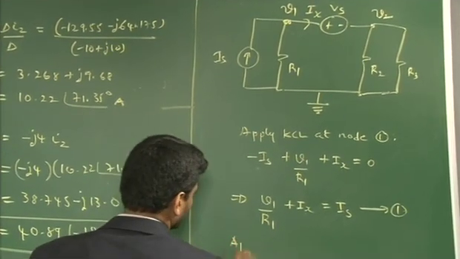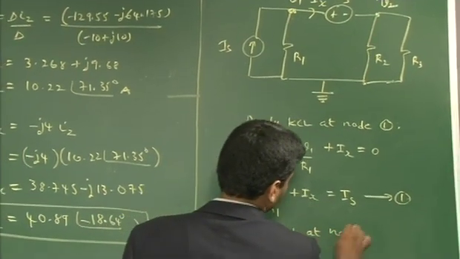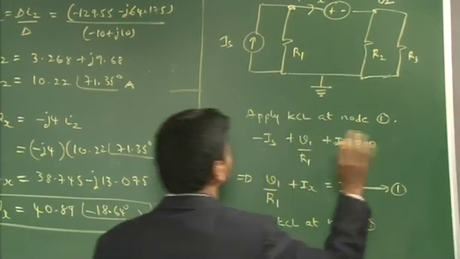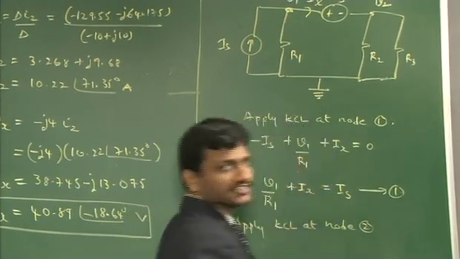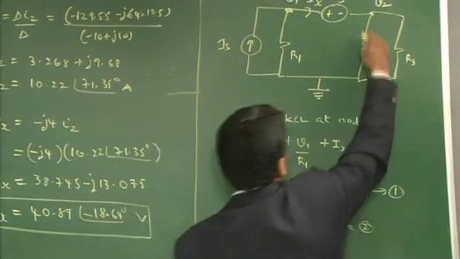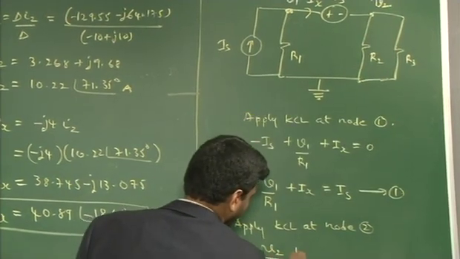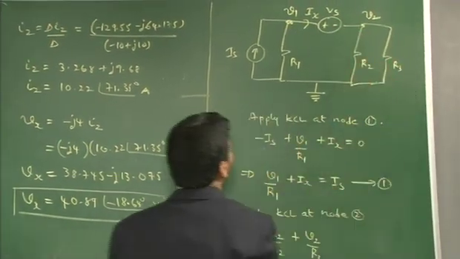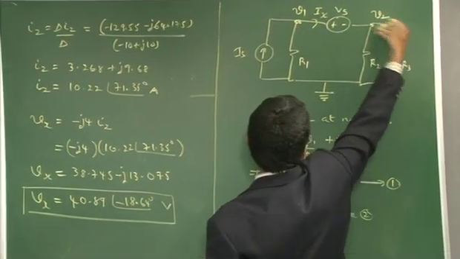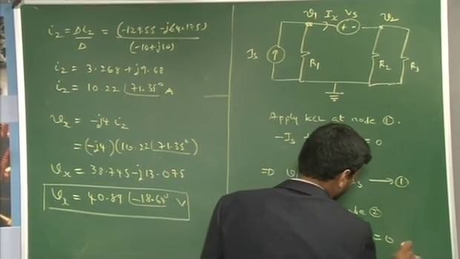Now, similarly, apply KCL at node 2. We strictly follow the statement of the KCL: the algebraic sum of the branch currents that leave a node is equal to 0. So, what is the current that comes out of this node in this direction? V2 by R2, and plus V2 by R3, and the current in this direction is minus Ix, is equal to 0.